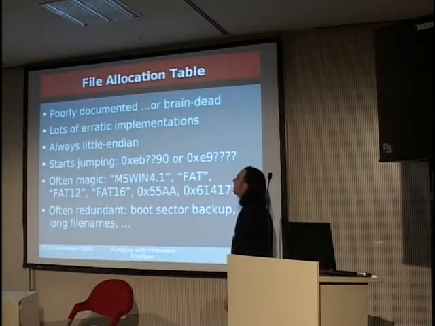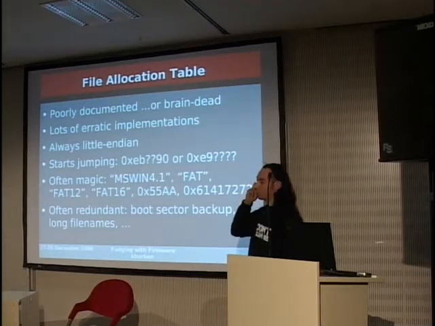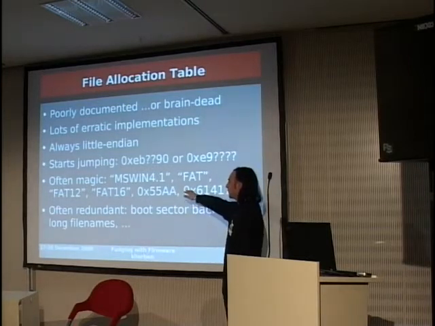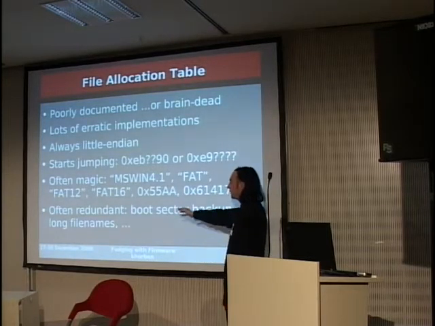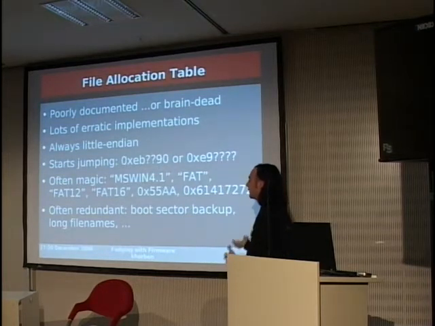But through the different implementation errors that occurred over time, lots and lots of magic was found inside the file system images. So you can almost always see something like MSDOS or FAT, FAT12, FAT16, which are sometimes used to identify the file, the FAT format we're actually talking about, which is not the correct way to identify it.